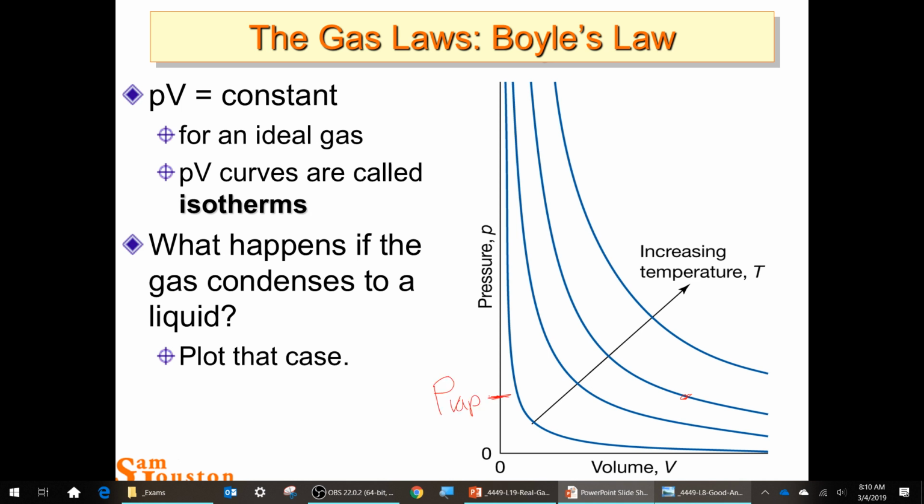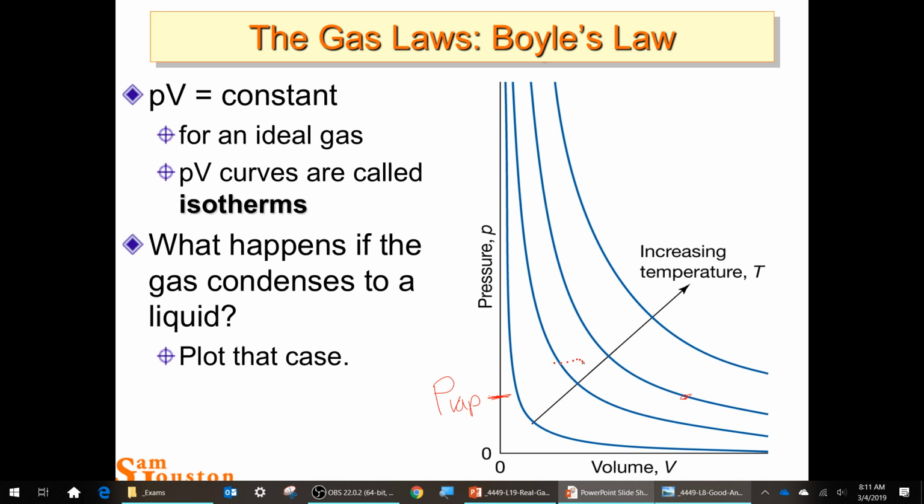So what is the vapor pressure of a liquid? It's that pressure of the gas above the liquid. And it's a function of temperature. And these are isotherms. So we're staying at the same temperature and then just decreasing the volume.